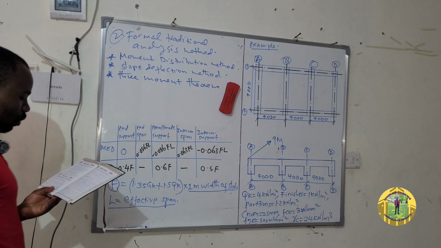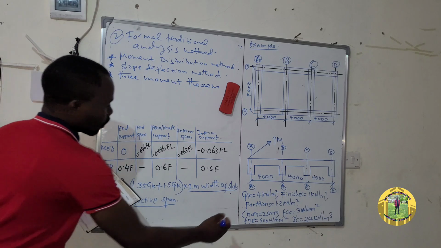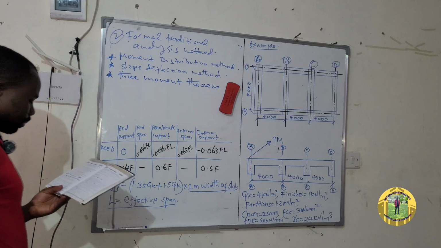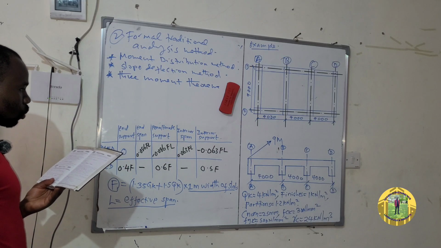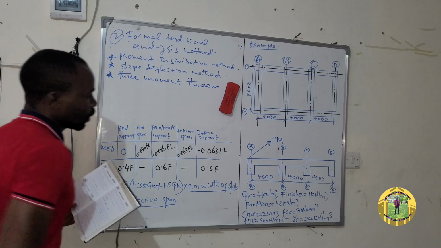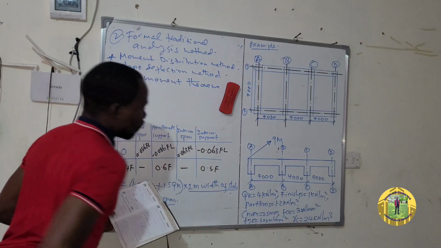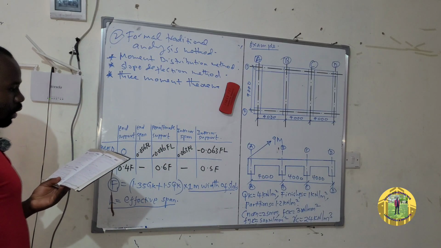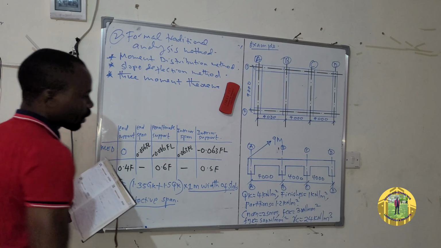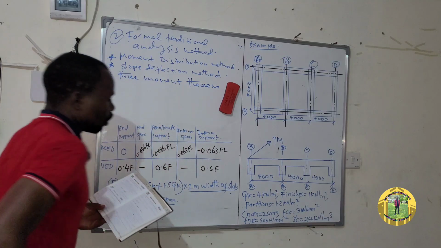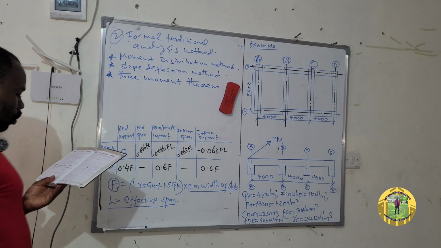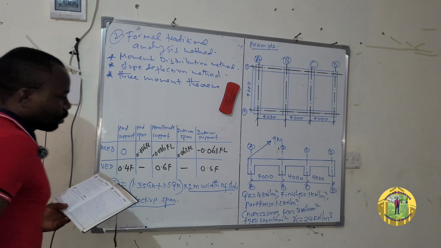QK is equal to 4 kilonewton per meter square. Finishes is equal to 1 kilonewton per meter square. And then you have the partitions is equal to 1.2 kilonewton per meter square. We have the nominal cover is equal to 25 millimeter.